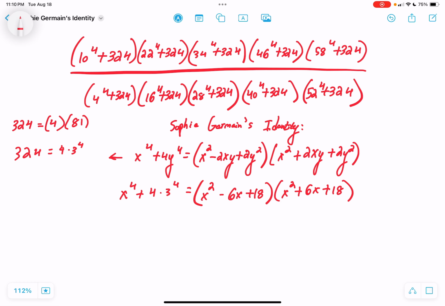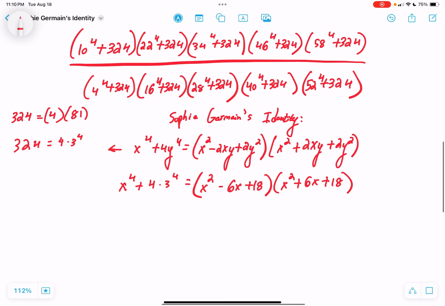Well, let's think about this really quickly, right? I have minus 6x and plus 6x. How can I get these to look more alike? Well, what if I complete the square within each factor? When I do that, this is going to become x minus 3 squared plus 9 times x plus 3 squared plus 9. Notice the symmetry that's going on here.